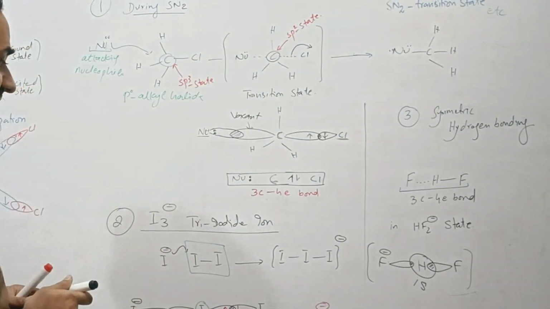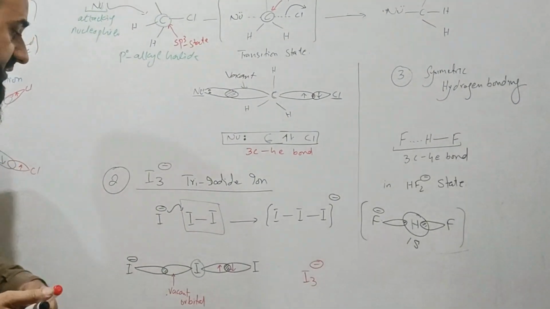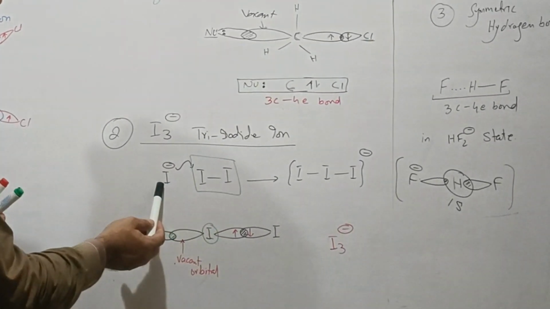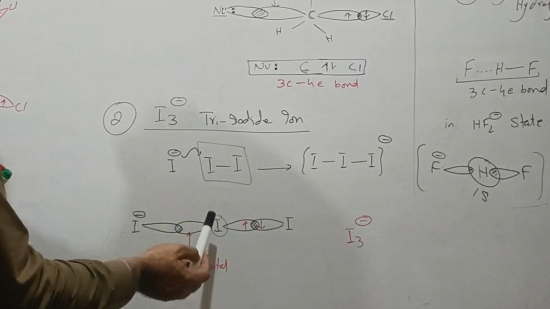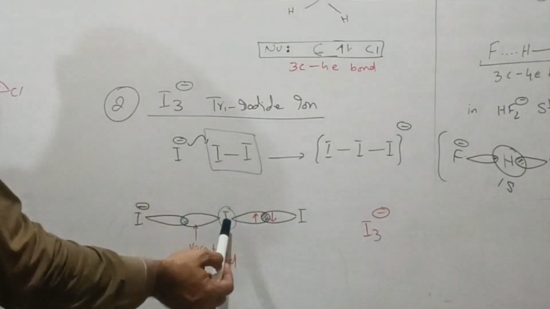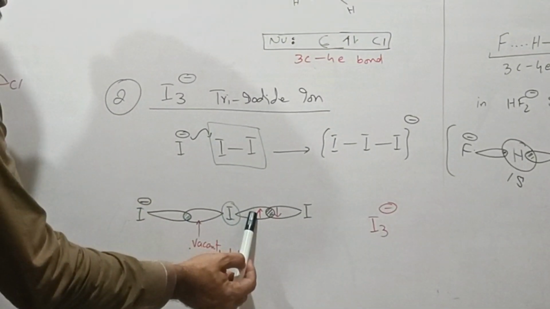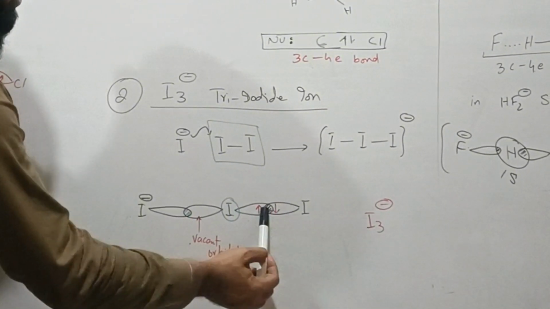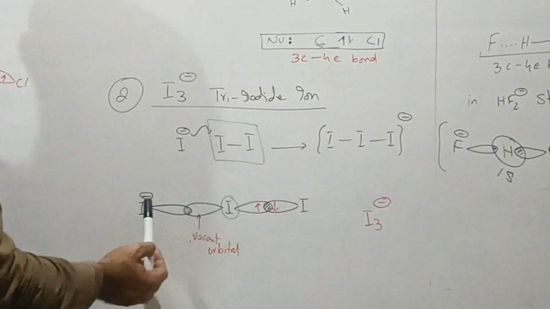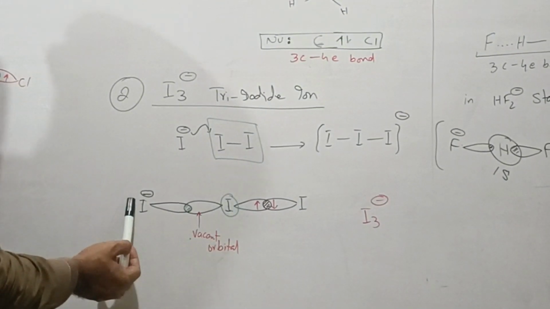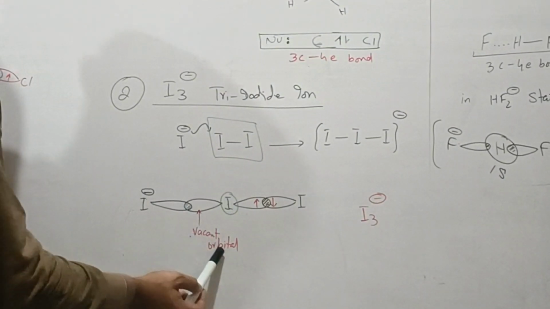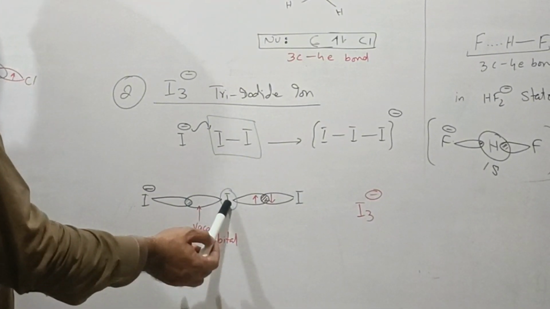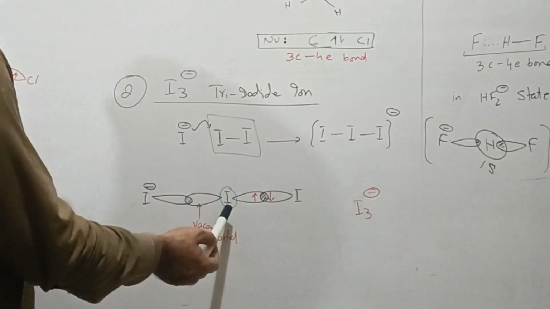If we see the example of triiodide, this is a neutral iodine molecule and an iodide attacks. Look at this structure. The partially filled orbital of this iodine overlaps with the partially filled orbital of this, and a simple covalent bond is formed. But the coming iodide overlaps with the vacant orbital of this iodine, as iodine has many d orbitals in the outermost shell.